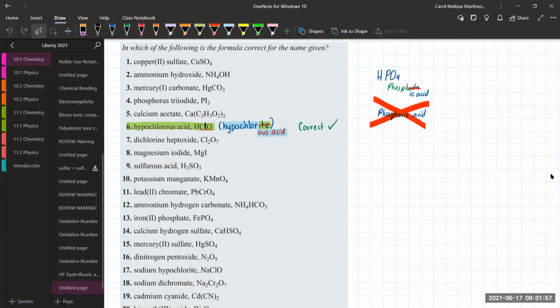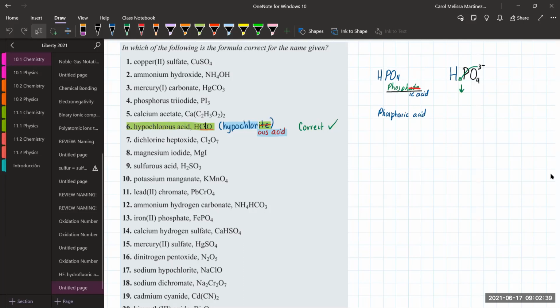Why is this incorrect? Take a look. You said it is phosphate. Remember what phosphate is. Phosphate is a polyatomic ion that has this chemical formula. It is PO4, but it has a charge of -3. That means that when you combine it with an acid, you're going to put the hydrogen, and this 3 is going to be crisscrossed.